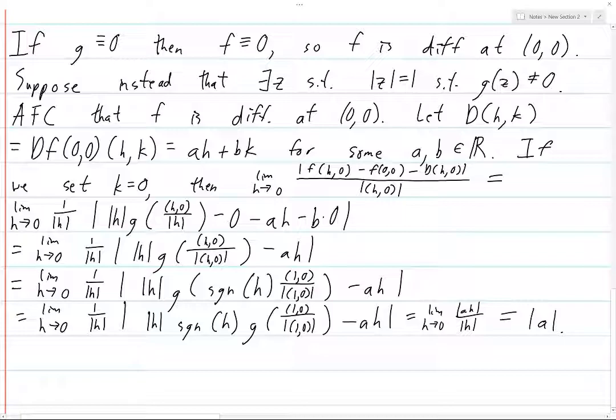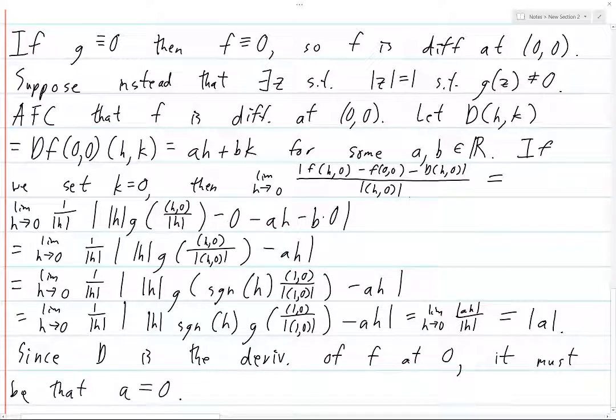Since d is the derivative of f at the origin, it must be that a equals 0. Because this limit as h goes to 0 of this whole thing that we started with has to equal 0, as part of the definition of d being the derivative.